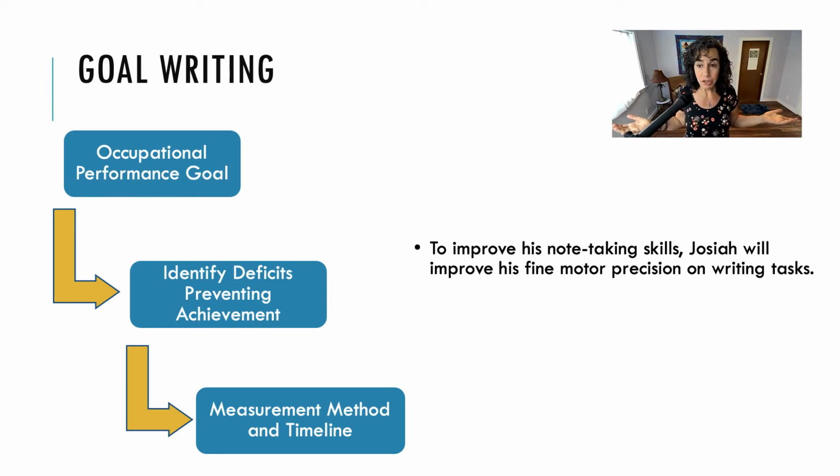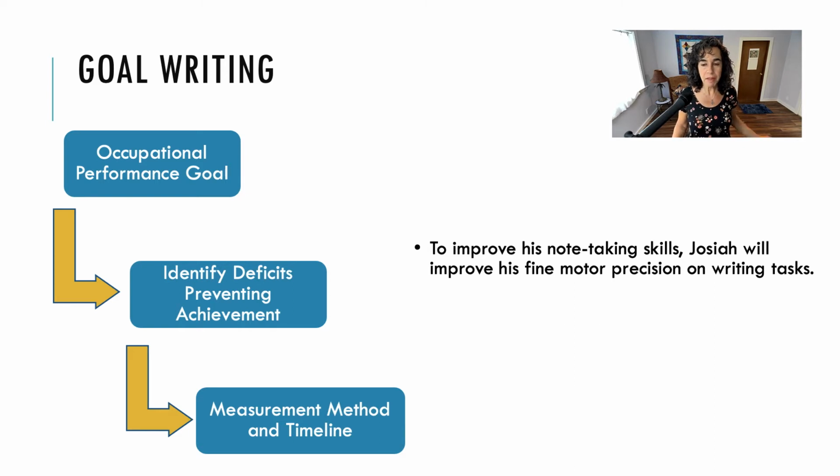Why can't Josiah do it, right? And in this case, we've figured out that he has difficulty with fine motor precision. We could have found out in the evaluation that he had difficulty with attention, or difficulty with spatial awareness, or difficulty with caring about writing goals, right? So his motivation.